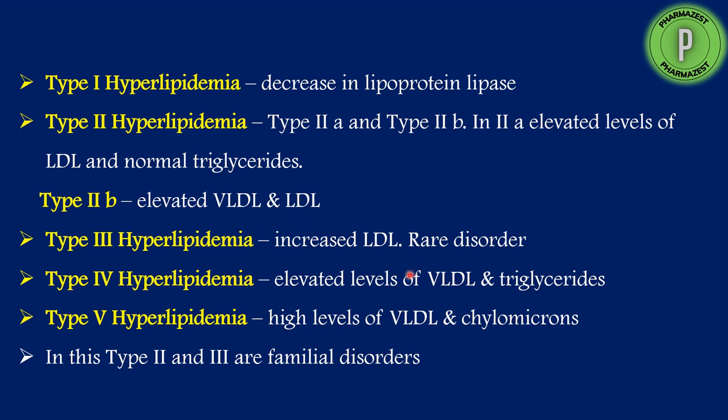In type 3 there is only an LDL increase, and it is a rare disorder. In type 4 we have increased VLDL and triglycerides, and in type 5 you can see there is VLDL and chylomicrons. So in these 6 types, type 2 and type 3 hyperlipidemia are familial disorders.